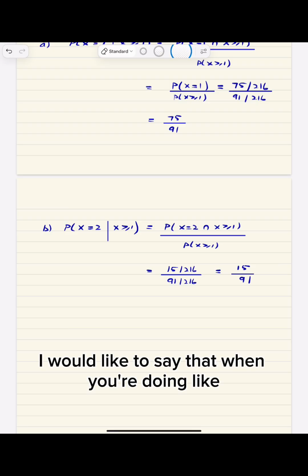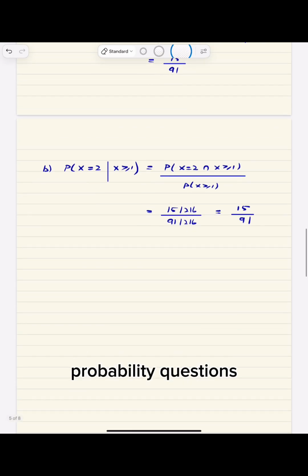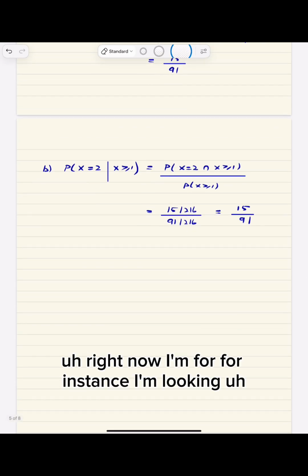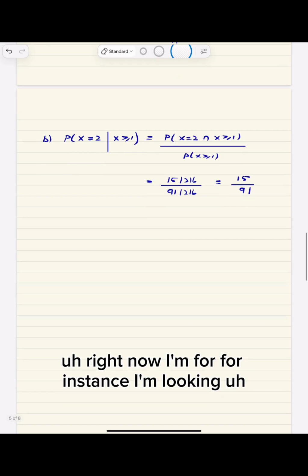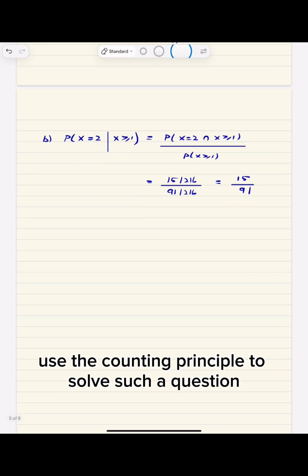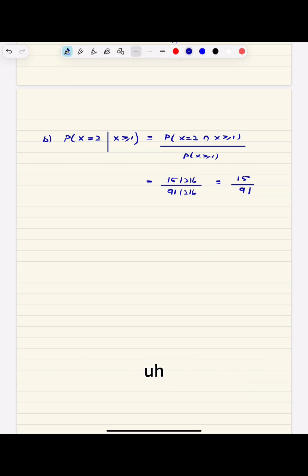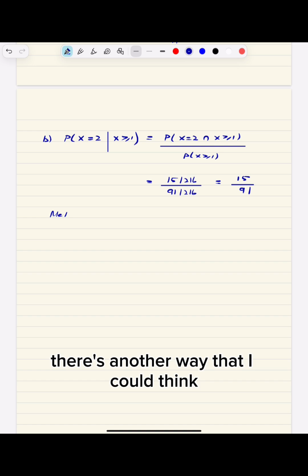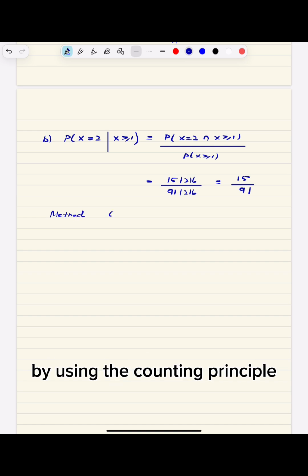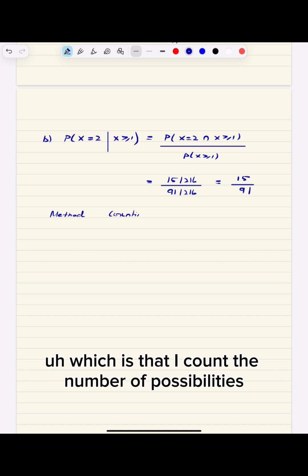I would like to say that when you're doing probability questions, for instance right now I'm looking, I could also use the counting principle to solve such a question. There's another way that I could think by using the counting principle, which is that I count the number of possibilities.